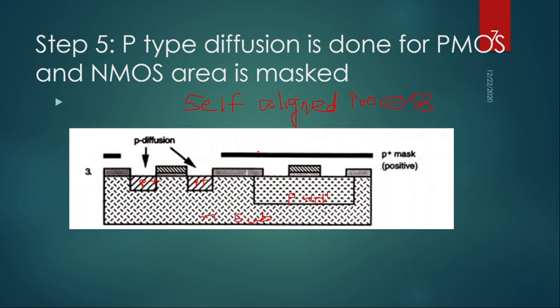Masked means that when all the impurities are spread over the surface, this region is protected from it, and no impurity falls in this region. So the P plus mask positive is used, which means it masks the region from positive impurities, or P-type diffusion.